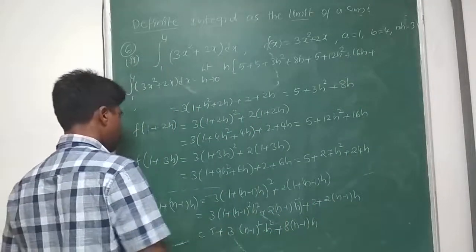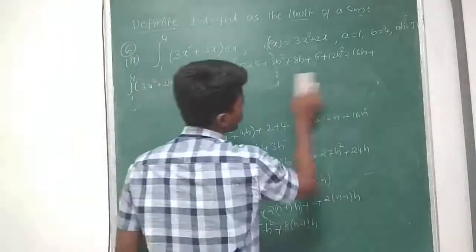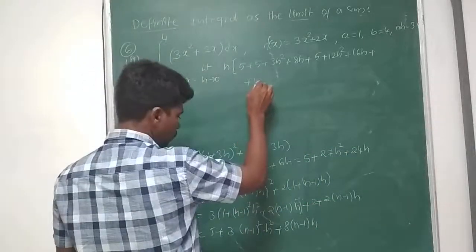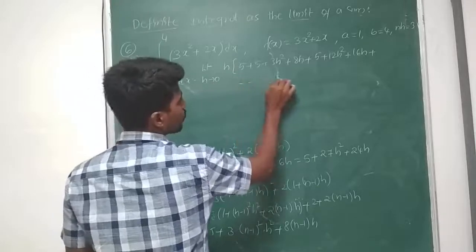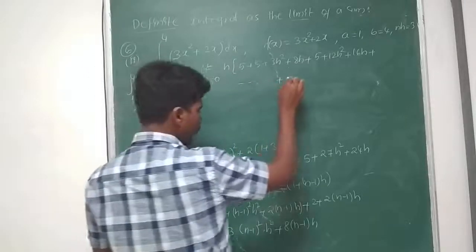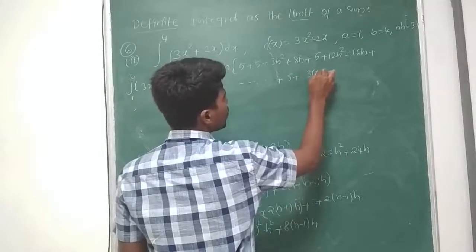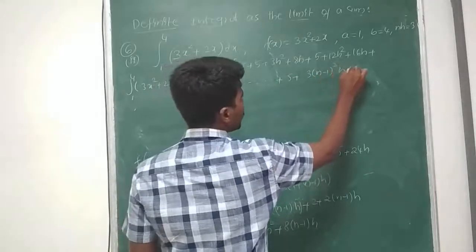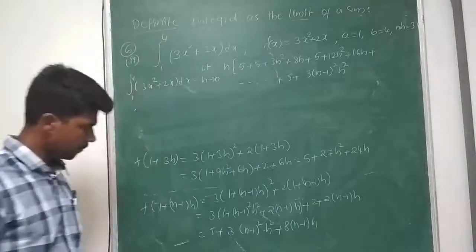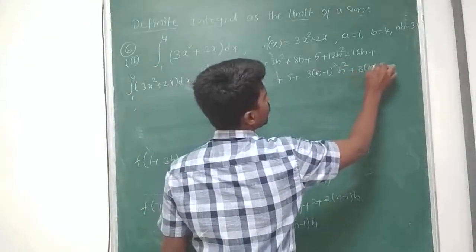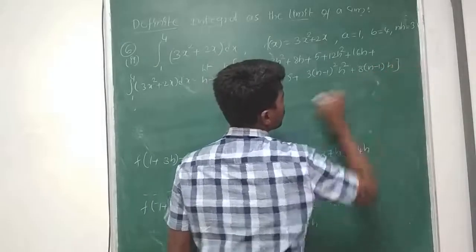The last one, f of 1 plus (n minus 1) into h, which is nothing but, and so on, plus 5 plus 3 into (n minus 1) whole squared into h squared plus 8 into (n minus 1) into h].